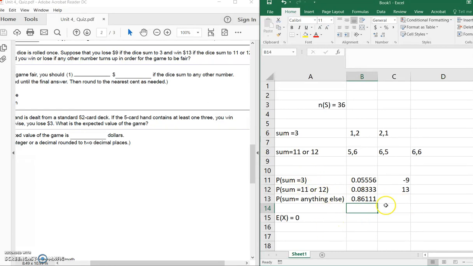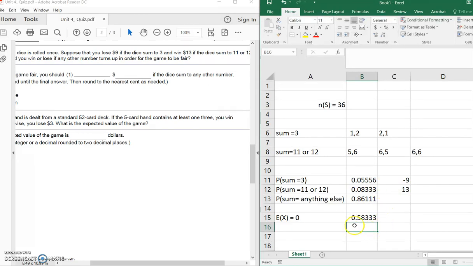So the expected value of these two would be this probability times negative 9 plus this probability times 13.